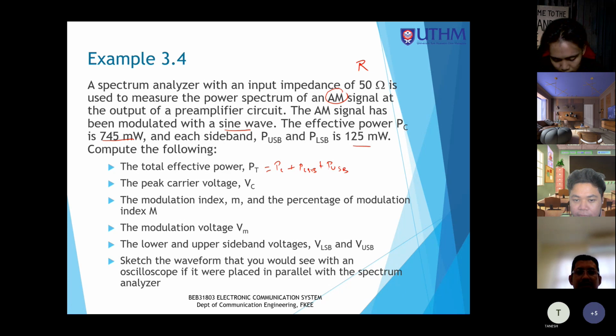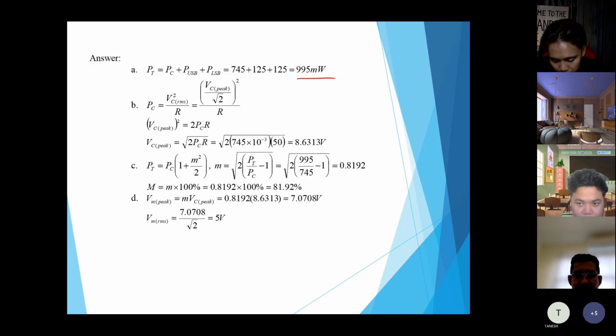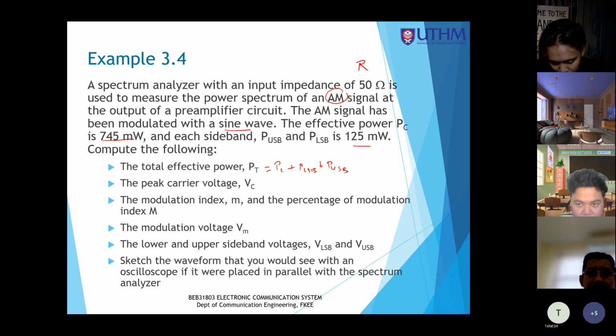The peak carrier voltage. Peak carrier voltage. Macam mana nak cari? So daripada 745 tadi, kalau you lihat, PC sama dengan VC peak square dibagikan dengan 2R.